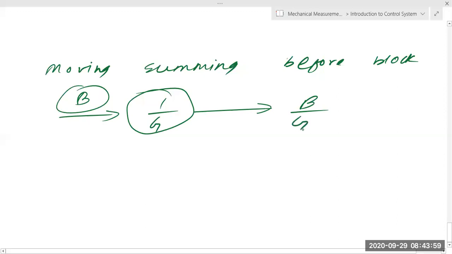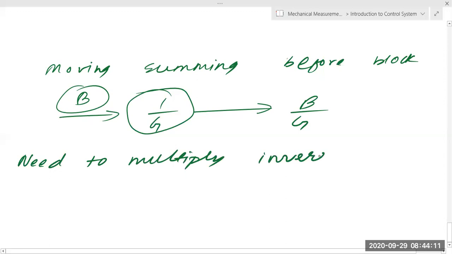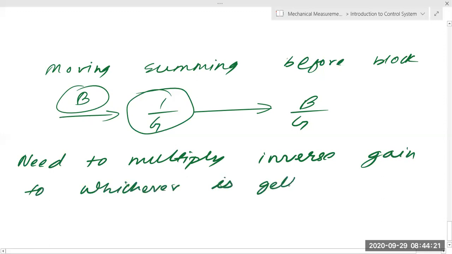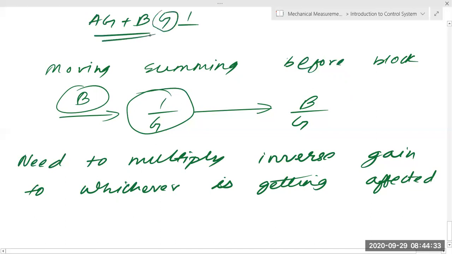We need to multiply the inverse gain to whichever signal is getting affected. Here the signal B was getting affected because we wanted the output AG plus B, and it was giving AG plus BG, so we had to multiply it by 1 by G.